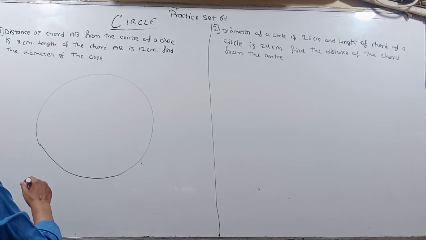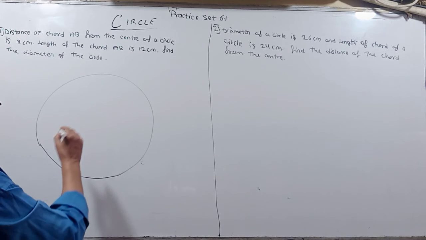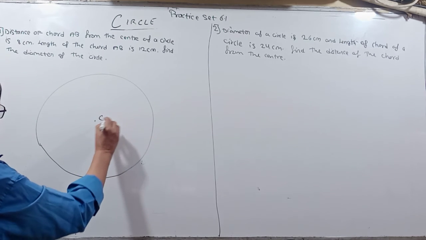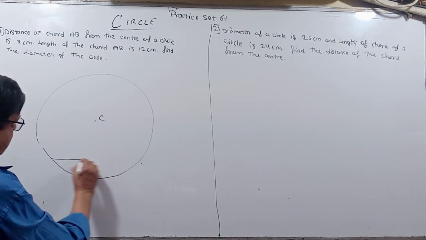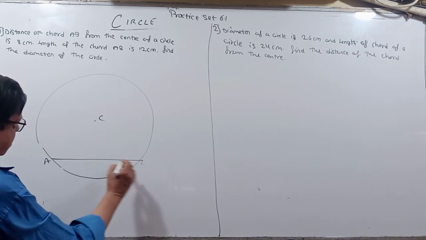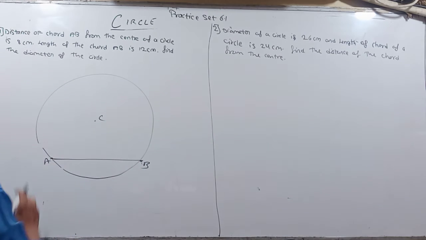They have not given the name of the center, we will name it C. And a chord is there, AB. Distance of the chord AB from the center of the circle is 8 centimeters. Distance is always perpendicular distance.